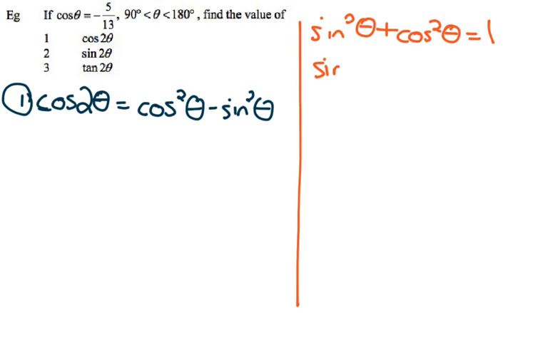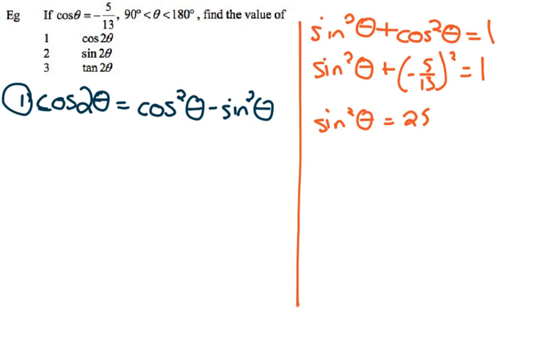We don't know sine theta. We do know cos theta. Square negative 5 over 13, we get 25 over 169. And knowing that I'm going to have to take the 25 over 169 to the right side, I'm going to convert the 1 into 169 over 169 right away.